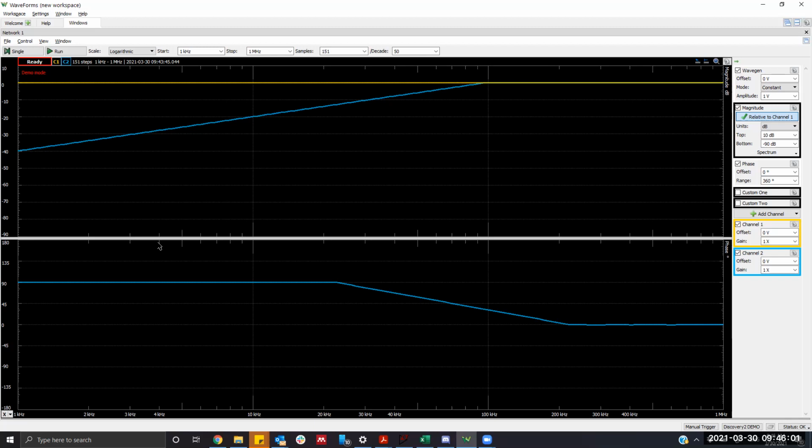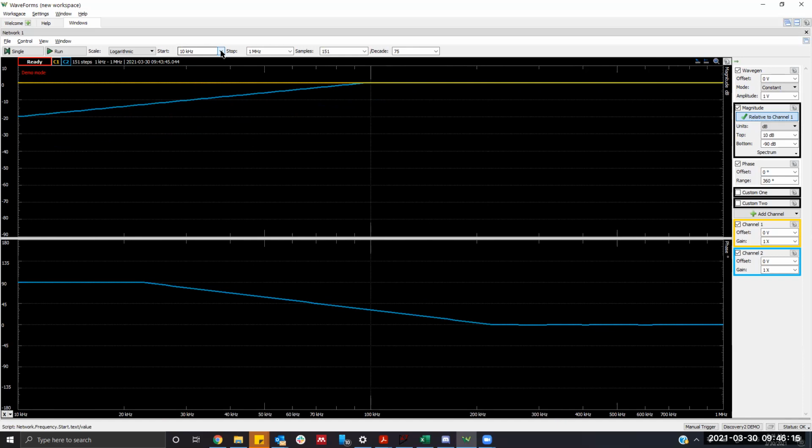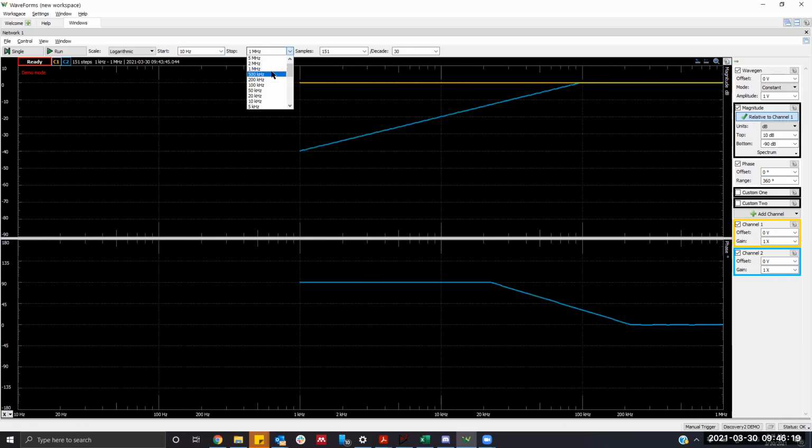This tool shows you the gain response on top and the phase response on the bottom. And you can give it a different frequency range. For example, if you wanted to go from 10 hertz to 1 megahertz, and how many points per decade. Your task specifies at least 5 points per decade.